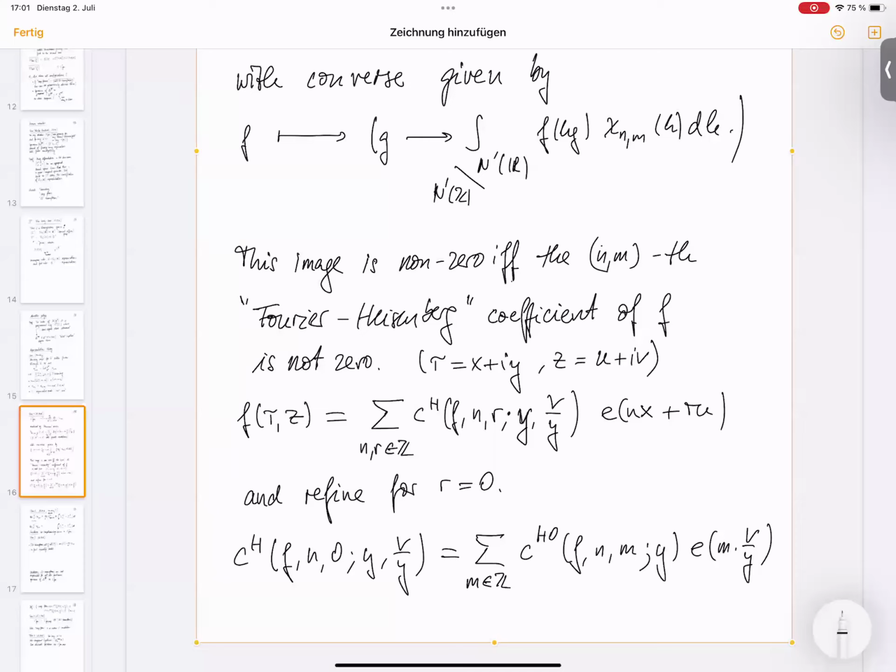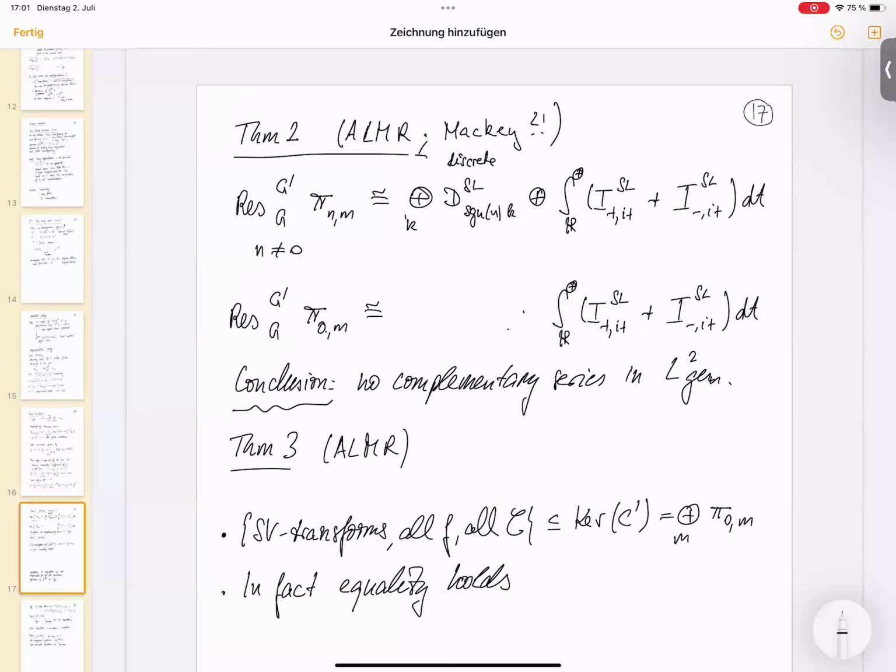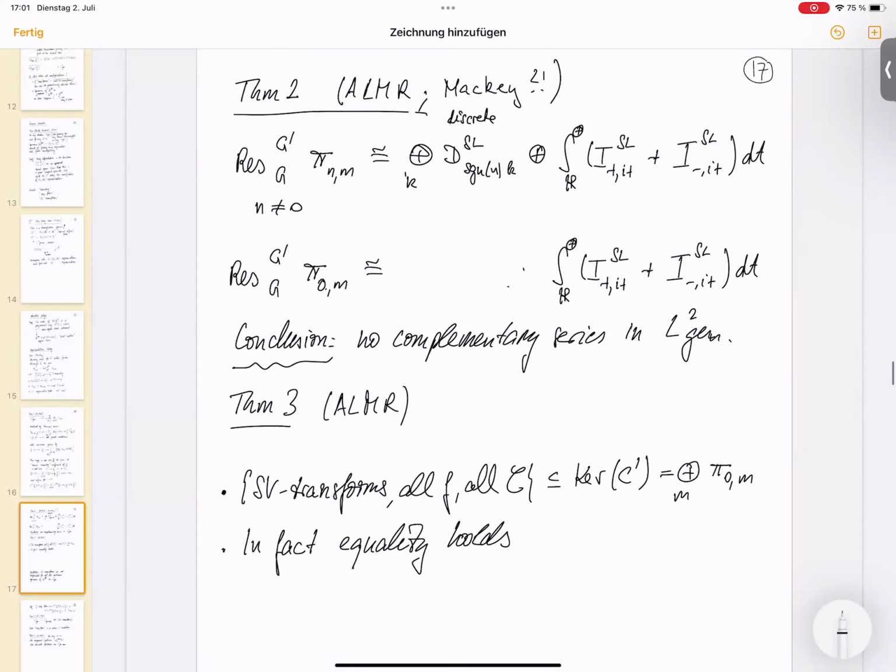You refine it further with respect to the third variable in that Heisenberg group. Since my time is up, let me not go into that, but let me state very briefly the remaining theorems.